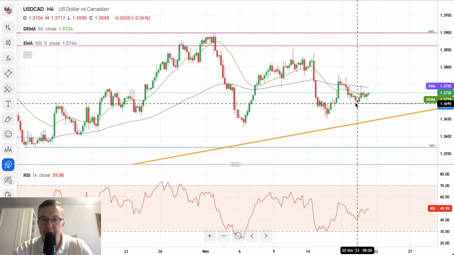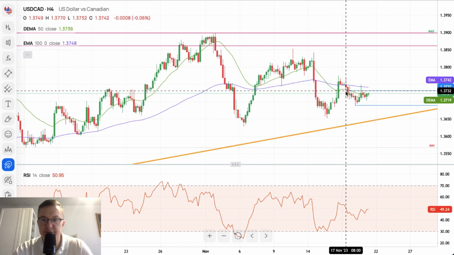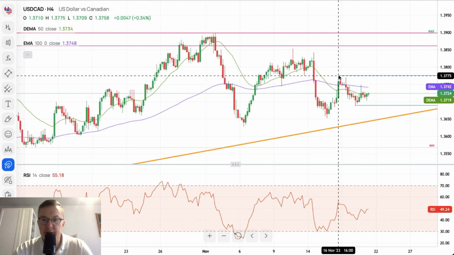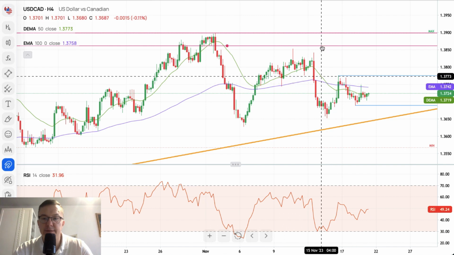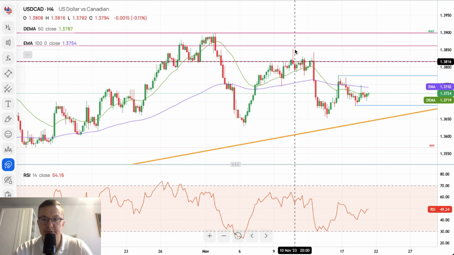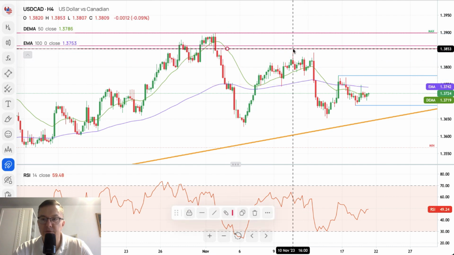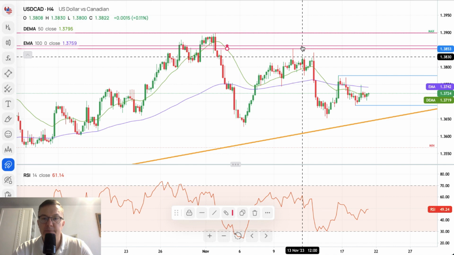The intraday technical support is 1.3689. The intraday technical resistance is the level of 1.3775. So those are the technical resistance and support. We got one more horizontal technical resistance located at 1.3853, just below 1.3867.